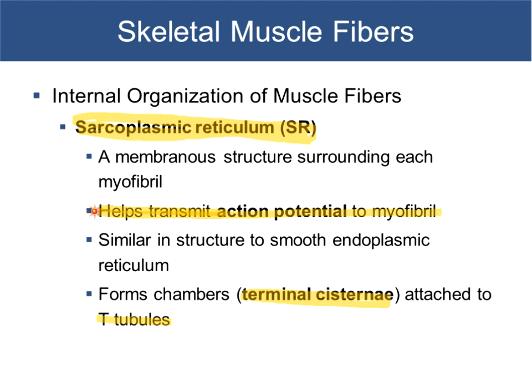So far, we're just talking about the players when we get a change in transmembrane potential, going from negative 70 millivolts to something more positive, which is what we call an action potential.